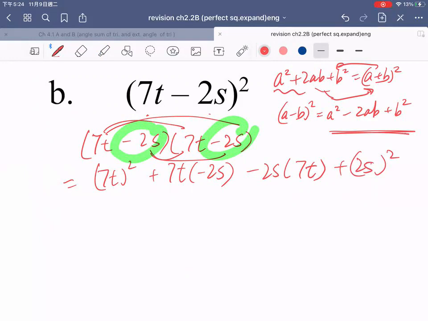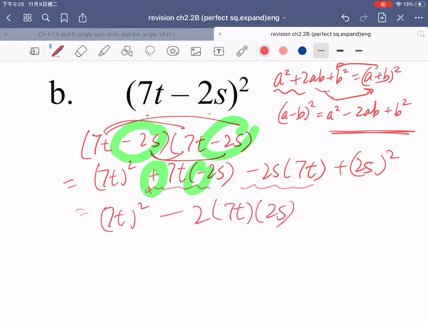So again, remember this one also negative, because positive and negative give you negative. So in fact, we have this minus 2, 7t and 2s.